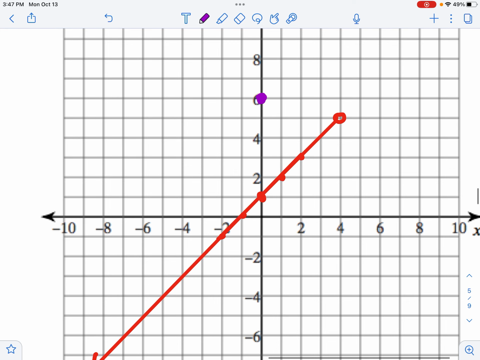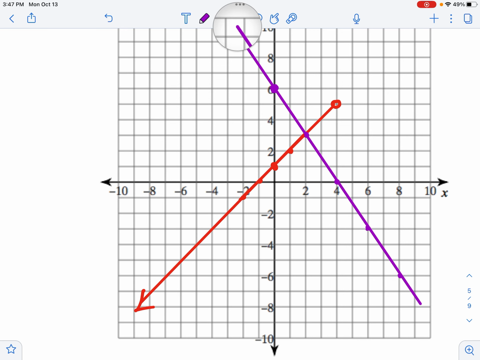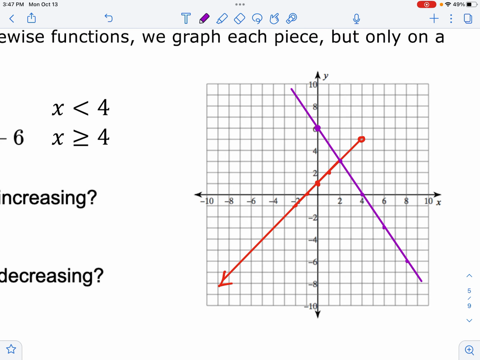So I'm going to go down 3 over 2, down 3 over 2, maybe down 3 over 2. Just a few times, make sure I got it. Okay, so something like that, right?